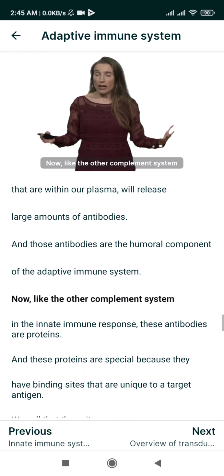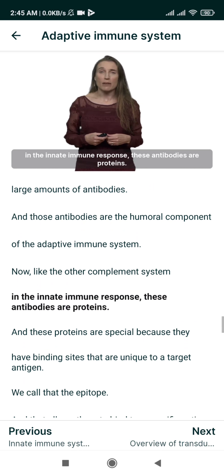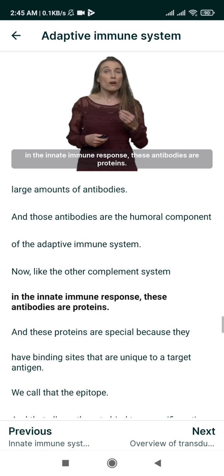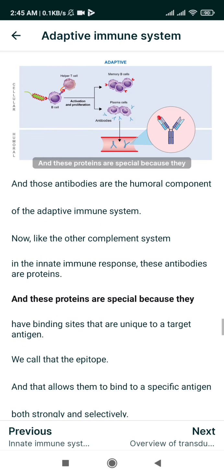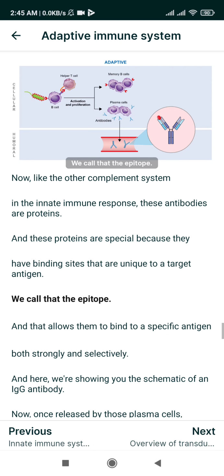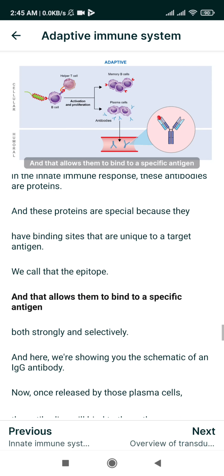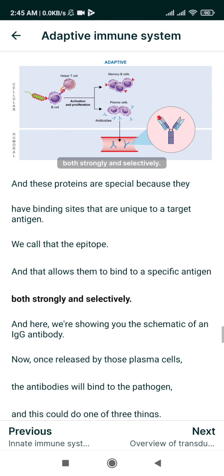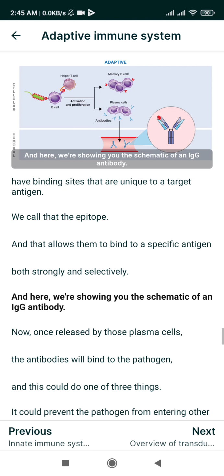Now, like the complement system in the innate immune response, these antibodies are proteins, and these proteins are special because they have binding sites that are unique to a target antigen. We call that the epitope, and that allows them to bind to a specific antigen both strongly and selectively. And here we're showing you the schematic of an IgG antibody.